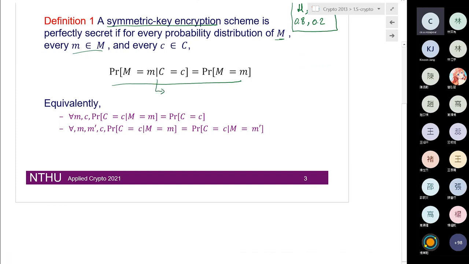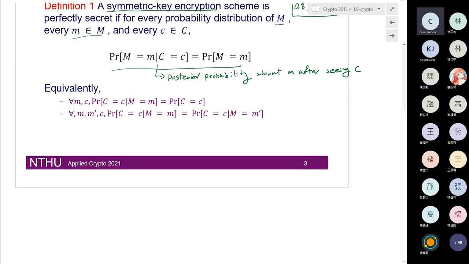This piece of formula here is a posterior probability about M after seeing C, or given C. And what it is saying is that the probability for the attacker to guess that the message was M after we show him the ciphertext is nothing but just the distribution of the message itself.